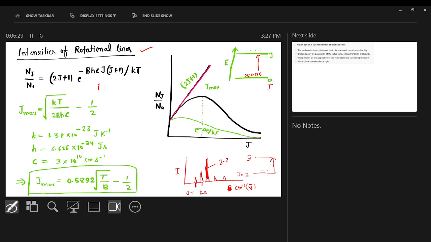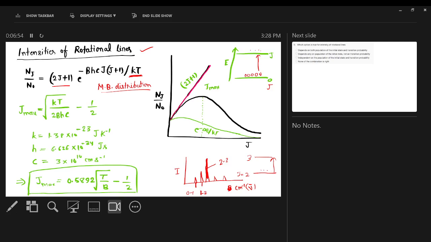We derived this in detail in the lecture notes and in the previous session also. It is given by 2J plus 1 times e to the power minus BhcJ(J plus 1) by kT, where kT is nothing but thermal energy.